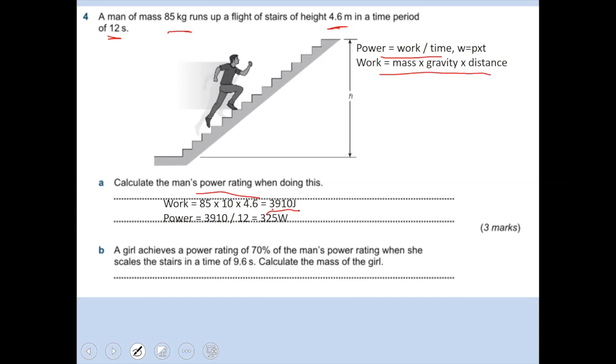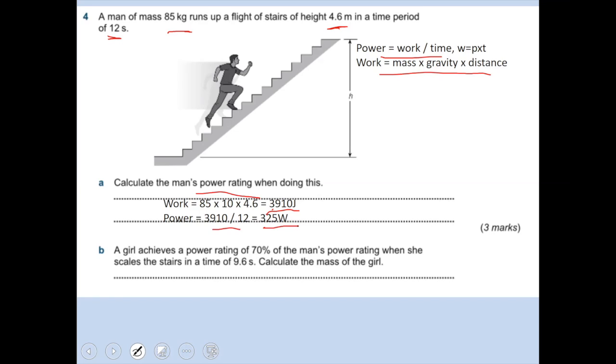Then subbing that into power equals work divided by time, we do 3,910 divided by 12, and we end up with a power of 325 watts, which is the answer.